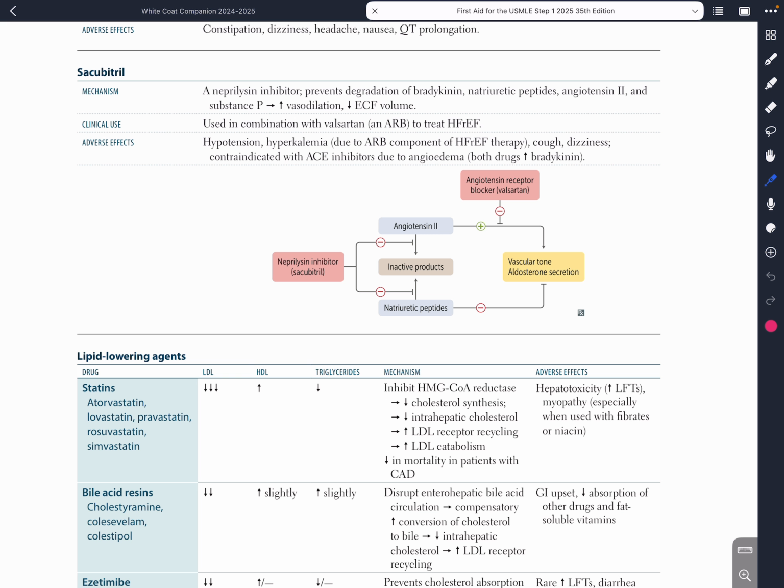HFrEF patients usually present with an ejection fraction of 20 to 25% or even 15%. Normal ejection fraction is 55% to 60%. A low ejection fraction patient receives sacubitril.